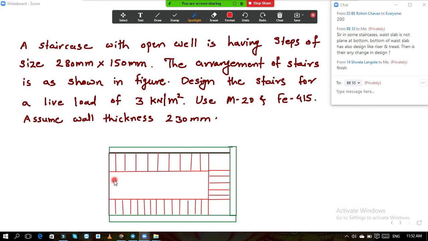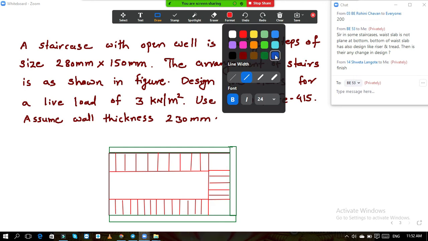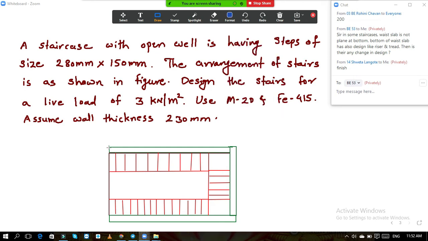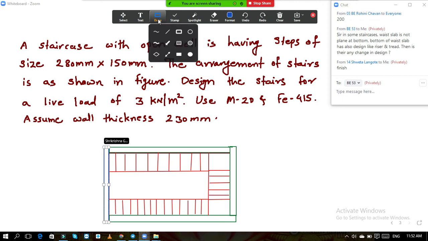I will show that also, with a different color, as we are considering that a beam must be there. It will act as a support in the case of an open well staircase.